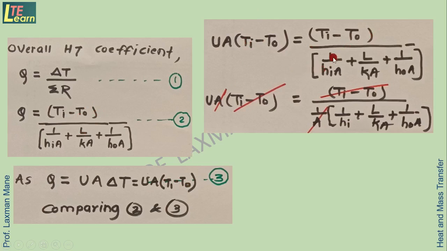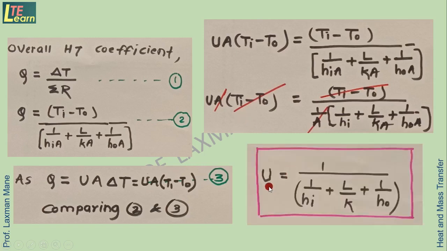Now in this case, 1 upon A can be taken common from this bracket. So here this Ti minus To bracket, left side and right side, both will be cancelled. This area and this 1 by A will also get cancelled.